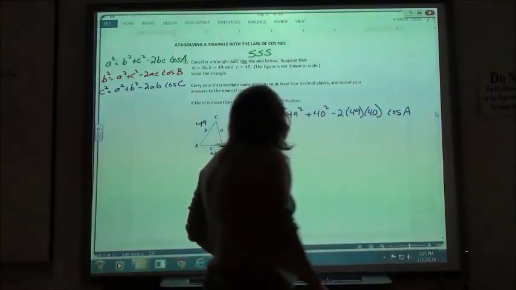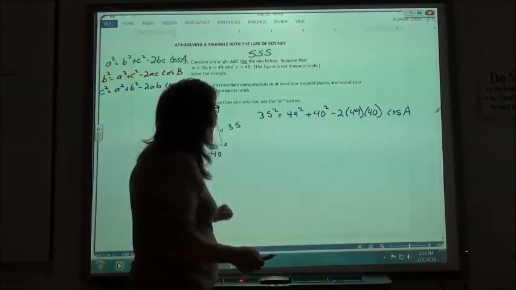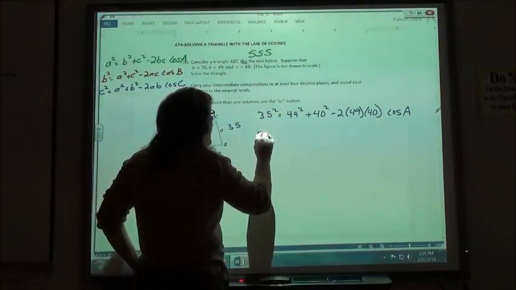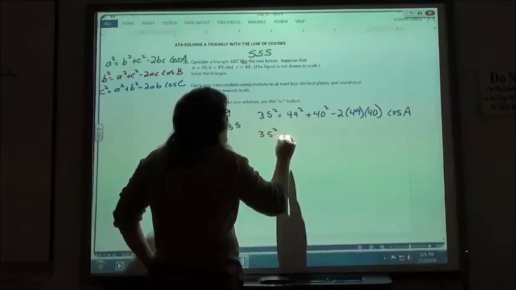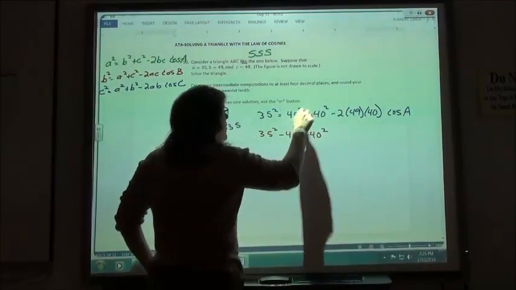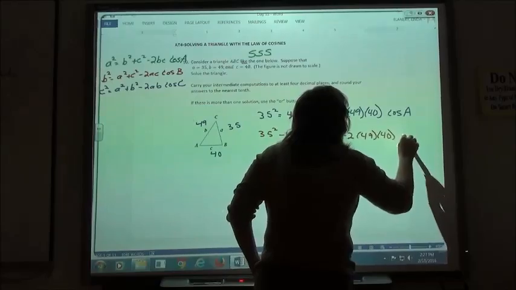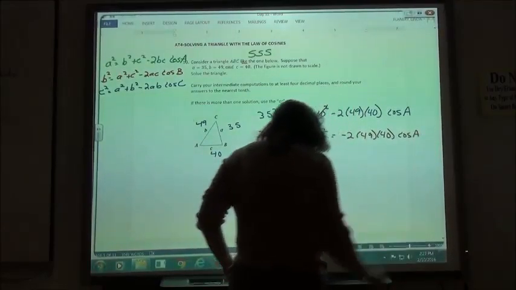Now when I solve this, I'm going to go ahead and move these two things over here and use my calculator. So first of all, I'm going to say 35 squared minus 49 squared minus 40 squared, moving this and this, is equal to negative 2 times 49 times 40 cosine of A.